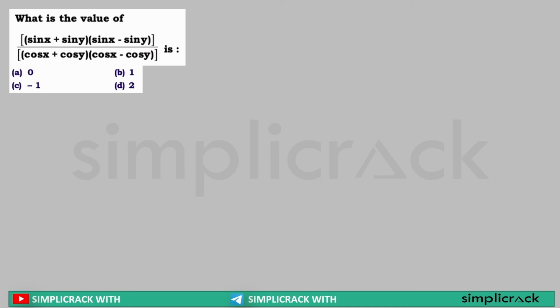Sorted? Next. Now, here is an interesting question. It is asking what is (sin x plus sin y) into (sin x minus sin y) divided by (cos x plus cos y) into (cos x minus cos y).